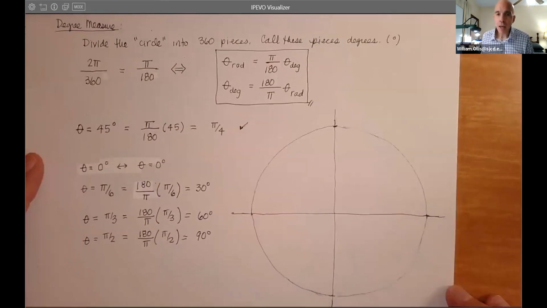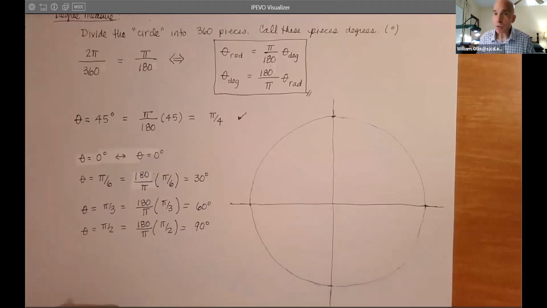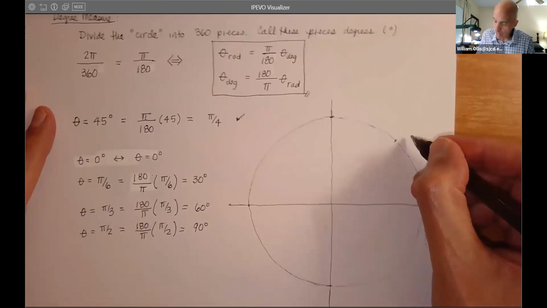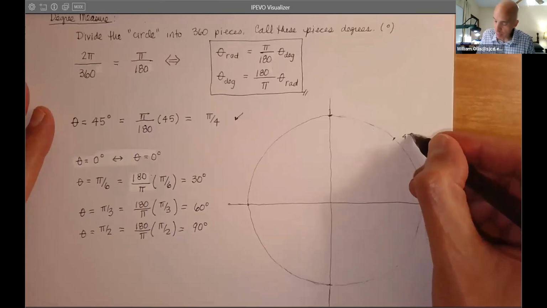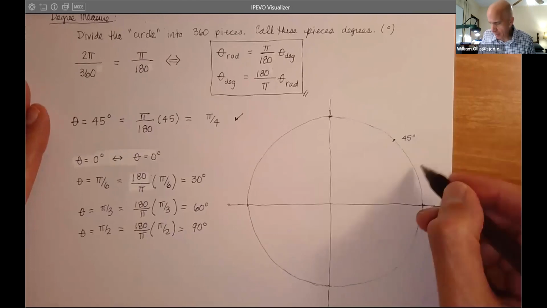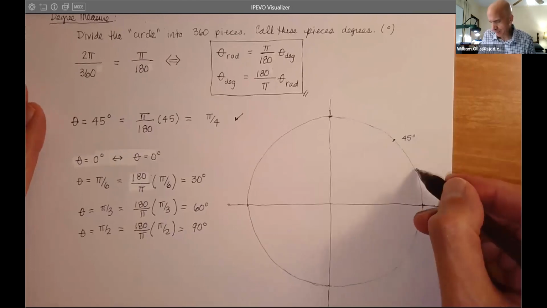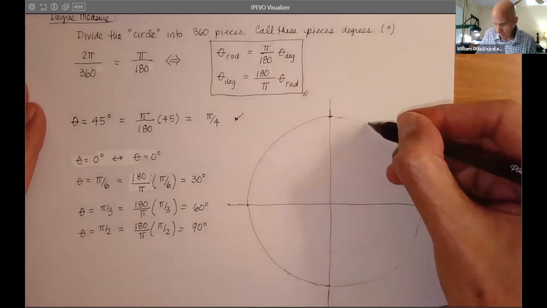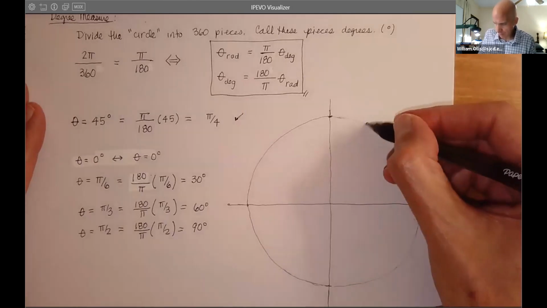So when we think about this, we love to make our world efficient. So now we can say, okay, kind of halfway in between, we'll just do this now, 45 degrees. We'll just leave out the radian measure since you already know that. And then we'll do 30 and 60.